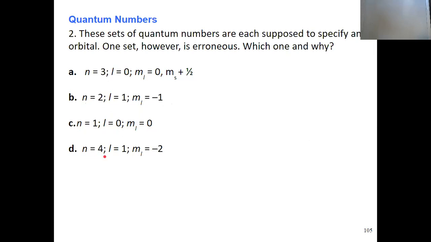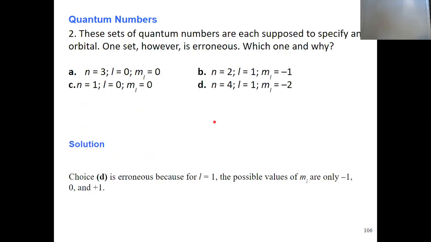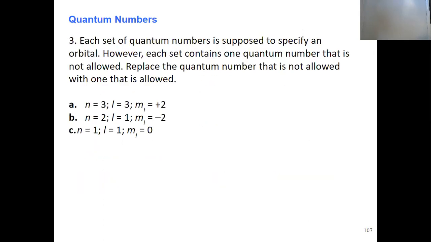Over here, n equals 4, that's fine. L equals 1 if n is 4, that's a valid possibility. If L is 1, can M sub L be -2? It cannot be -2. It would have to be -1, 0, or +1. Try it again on your own.